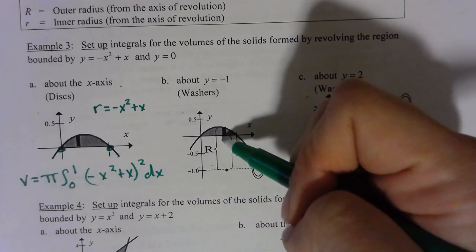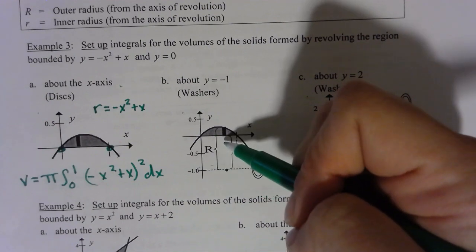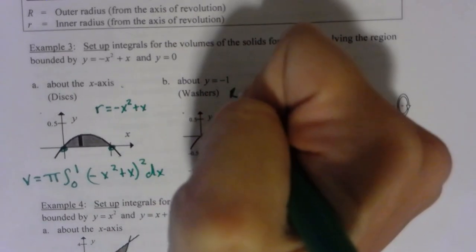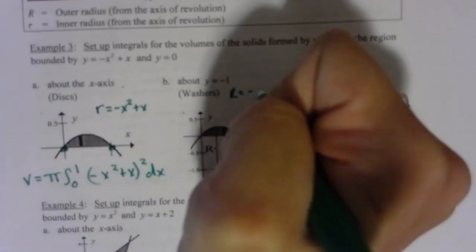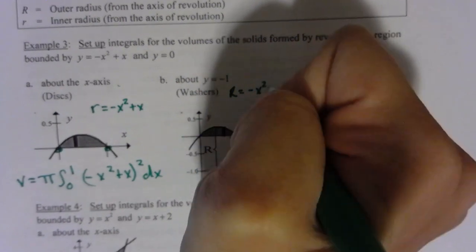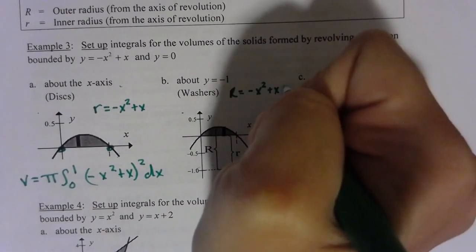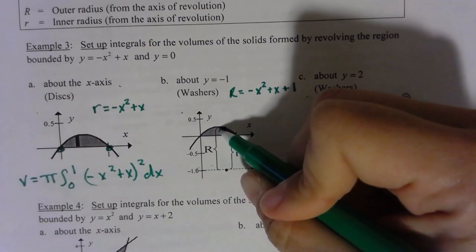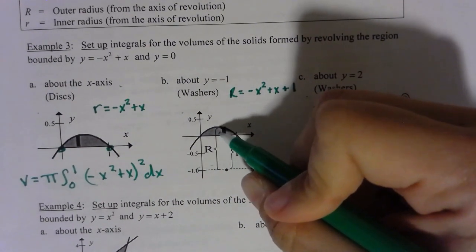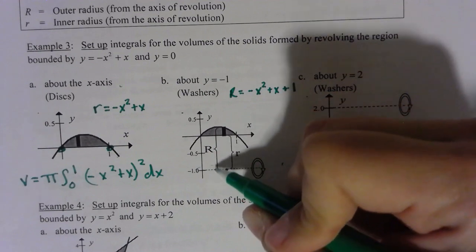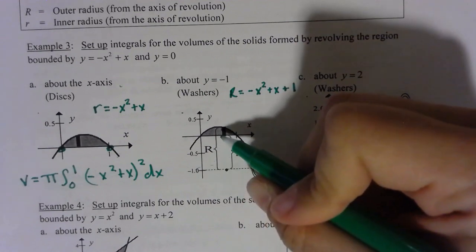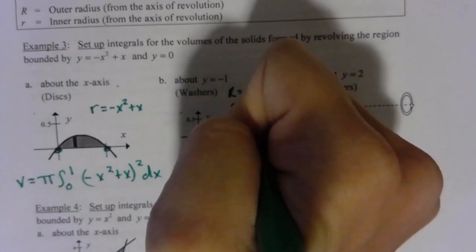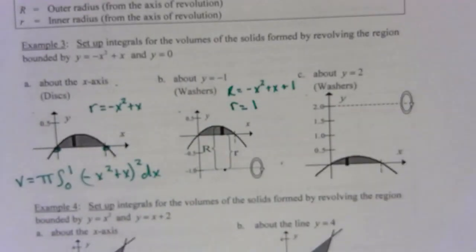This whole value is the value of 1. So our big R equals negative x squared plus x plus 1. So it is our function, area under the curve, and this area here that we're setting up of 1, this value of 1. The smaller r is just that value of 1.